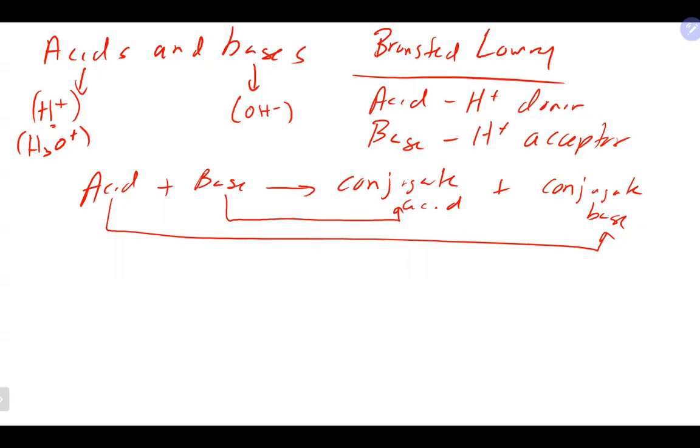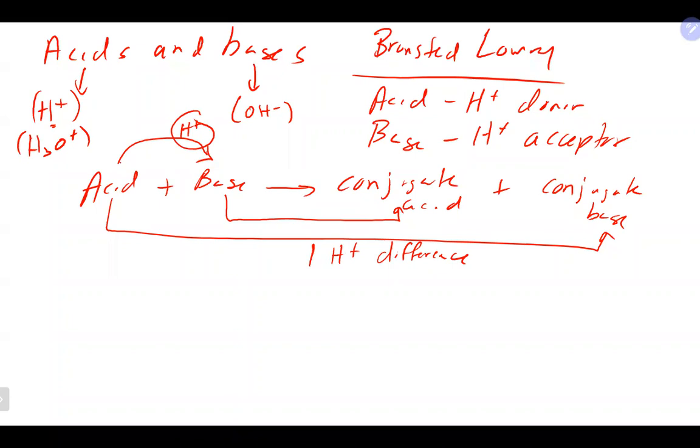As we talked about, the only difference that there should be between an acid and its conjugate base or a base and its conjugate acid is really just the one proton that is basically transferred from the acid to the base. So it should only be one proton difference between those guys. The acid will have one less, the conjugate base will have one less proton than the acid, and the conjugate acid will have one more proton than the base in that particular case.